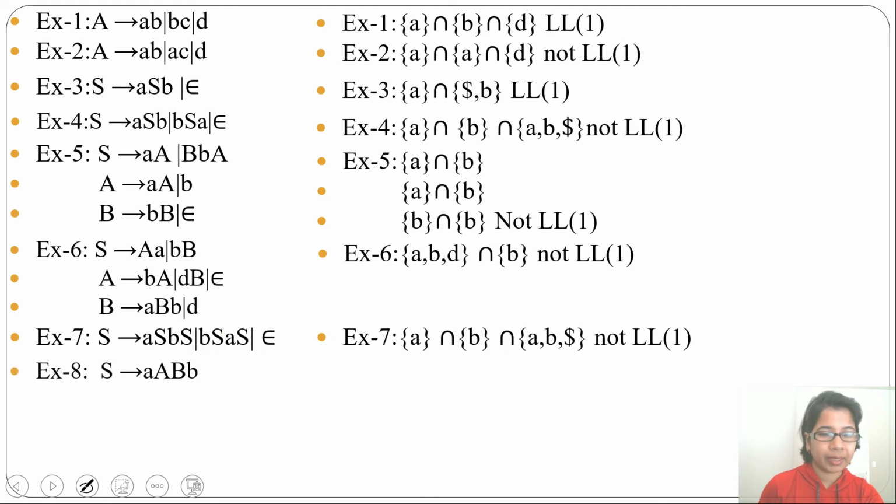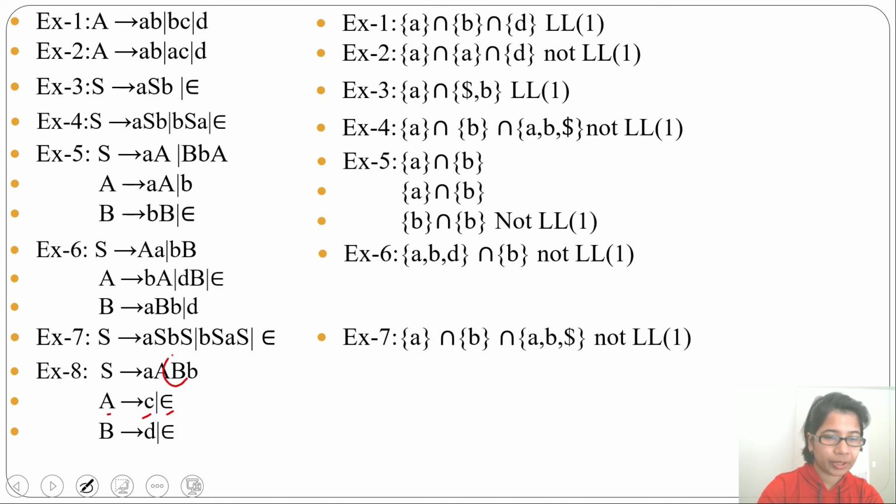Next example 8. S derives AA, BB, A derives C or epsilon, B derives D or epsilon. When there is just one production, you don't need to check. First of S will be A, so I'll just write the S derivation in the A column. First of A will be C and epsilon. When there is epsilon, you need to check follow. What will be follow of A?